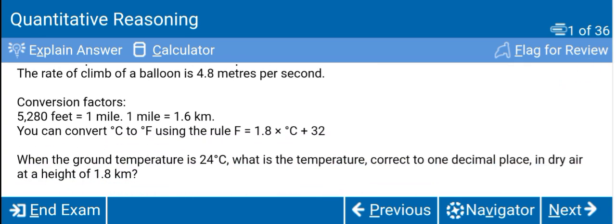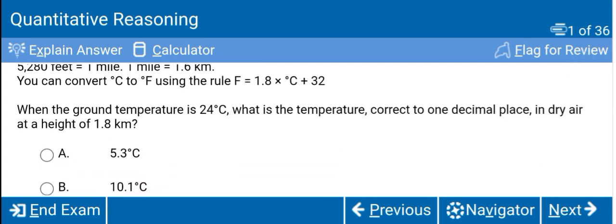Conversion factors: 5820 feet equals 1 mile. 1 mile equals 1.6 kilometers. You can convert degree centigrade to Fahrenheit degree using the rule Fahrenheit equals 1.8 multiplied by degree centigrade plus 32.